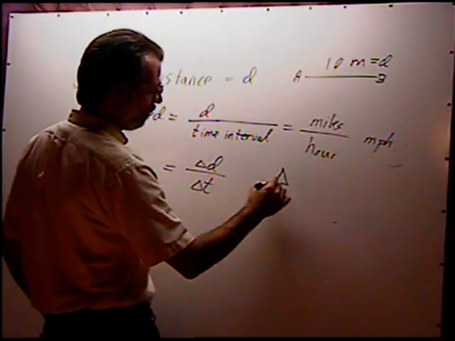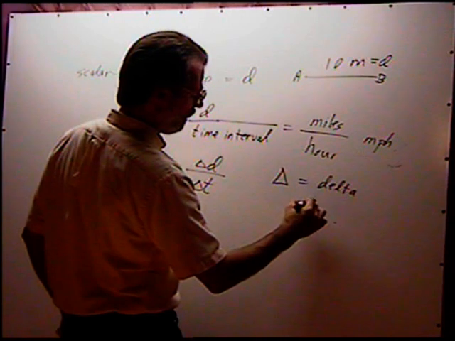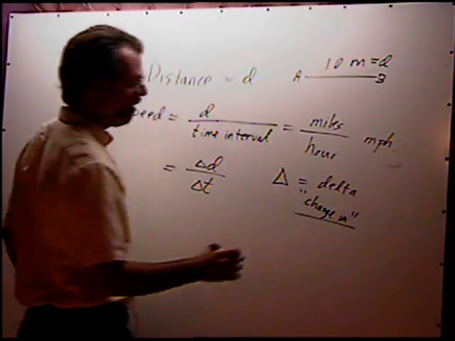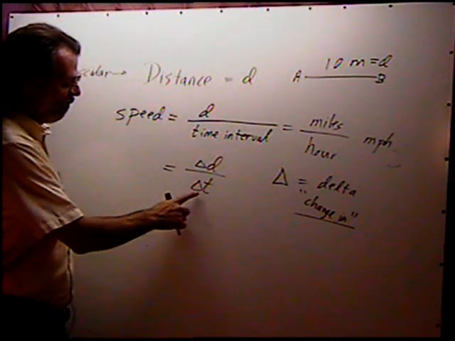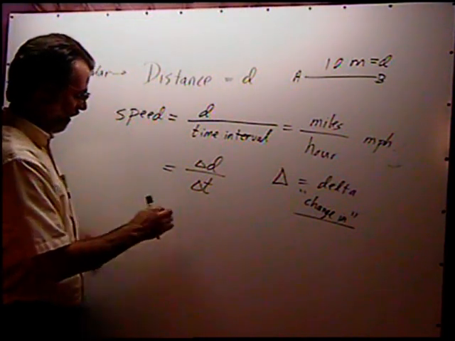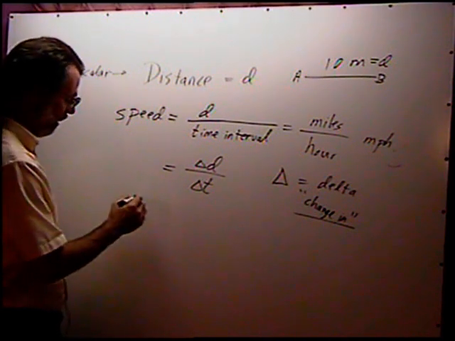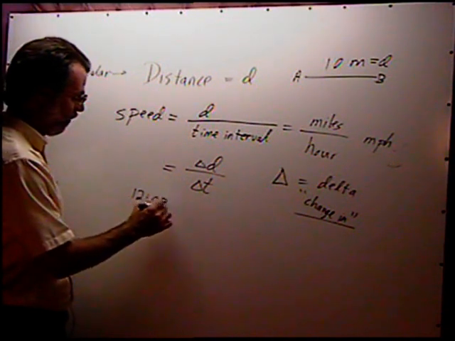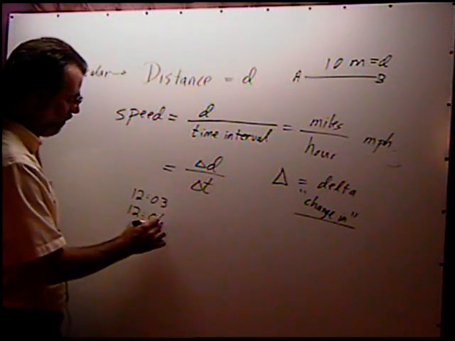This delta, this is a Greek symbol delta, means a change in. Hopefully you've seen this before in mathematics, but if you haven't, all it means is, for instance, delta t would be a change in time. Suppose I have a stopwatch, and I start my clock at 12:03 and stop my clock at 12:06.